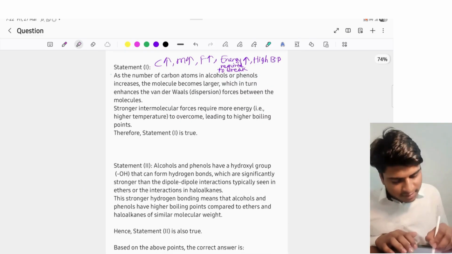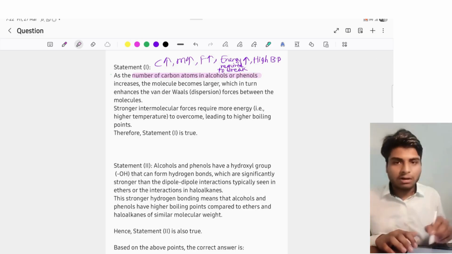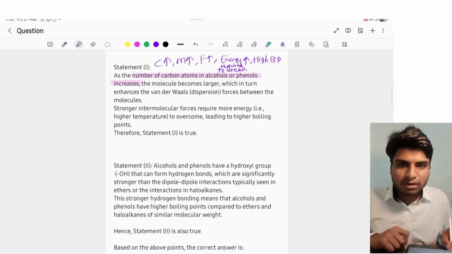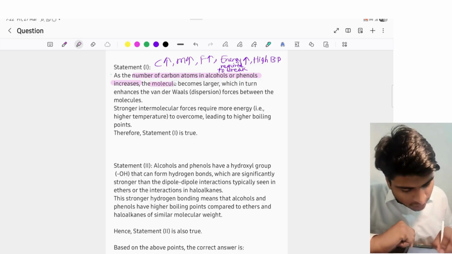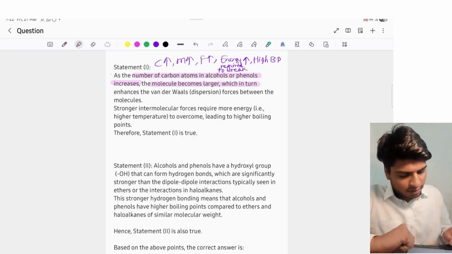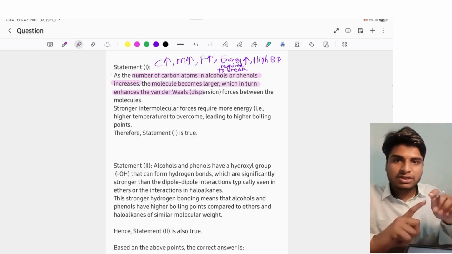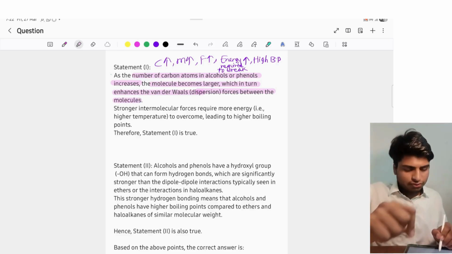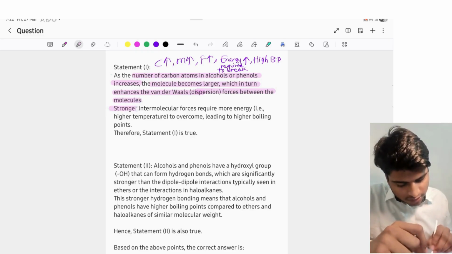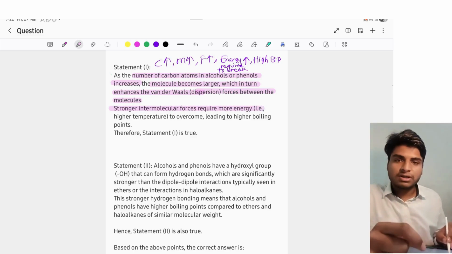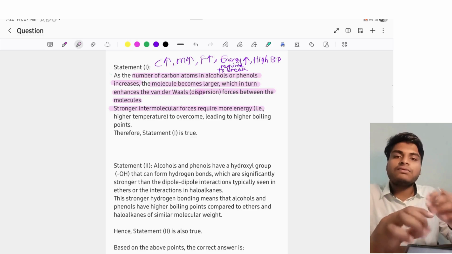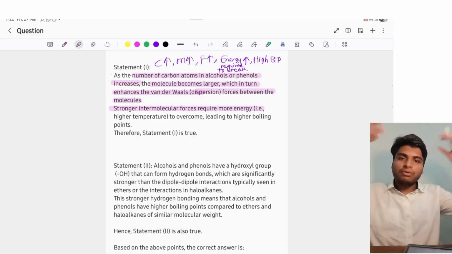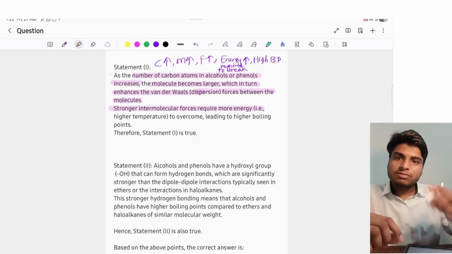If the number of carbon atoms in alcohol or phenols increases, the molecule becomes larger, which in turn enhances the van der Waals forces. Dispersion force will increase. Due to this, strong intermolecular forces require more energy. When the van der Waals forces are more, the energy required to break them will be more, that is, a higher temperature is required.